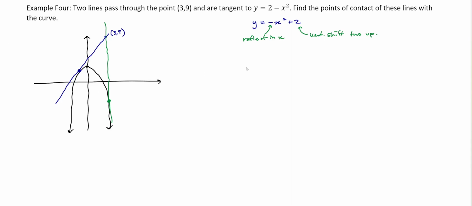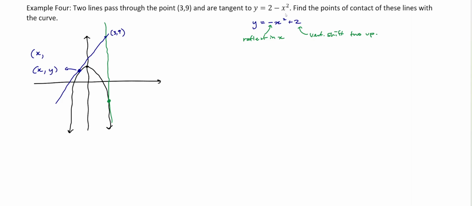All right, so let's think about this point right here. I'm just going to call this point X and Y because I don't know what that point is. But if it's a point on that curve, that means x is the independent variable, and I already know what y is on that curve.